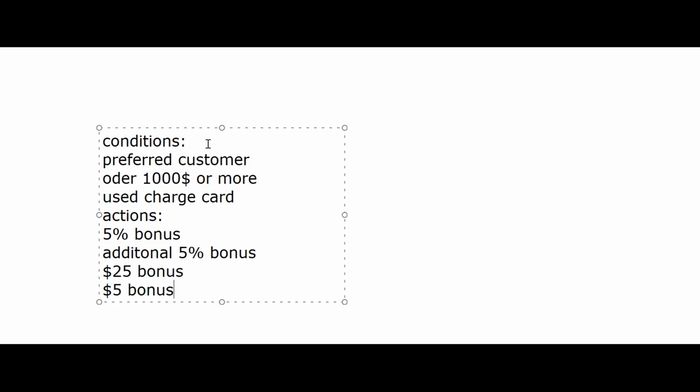Now that we have all these conditions, we can talk about the set of rules. So we can have rule one, rule two, rule three, rule four, rule five, rule six, rule seven, rule eight. Why are there eight rules? Because it depends on whether you are a preferred customer or not.